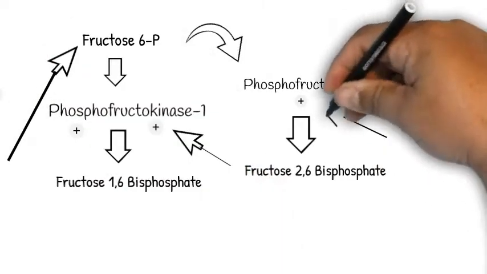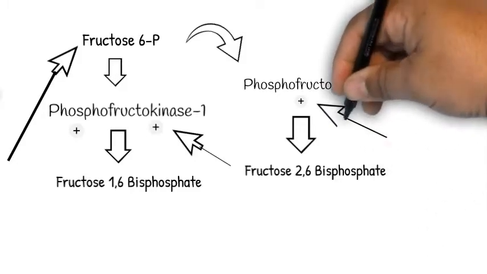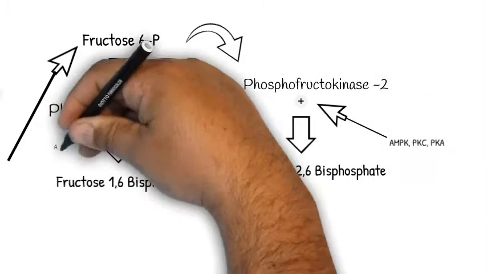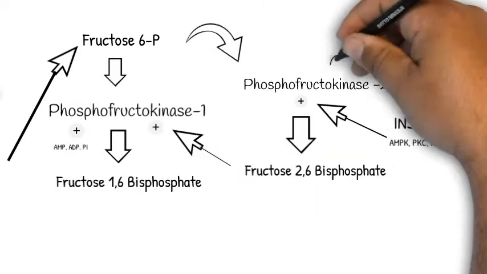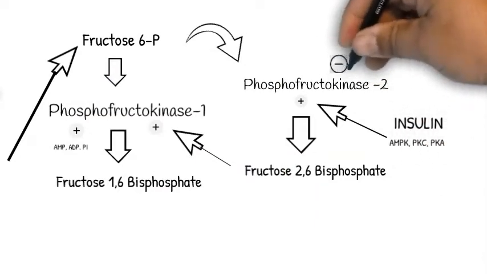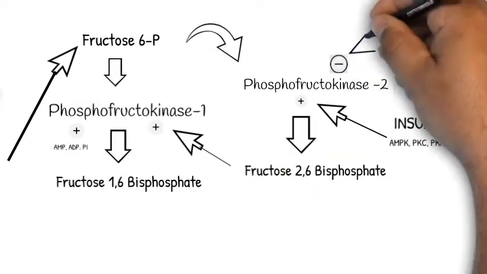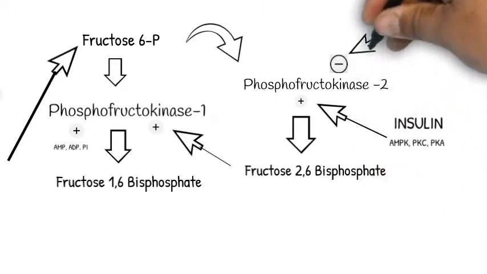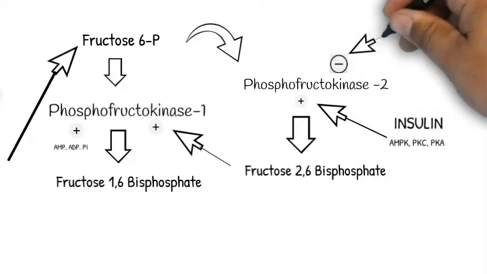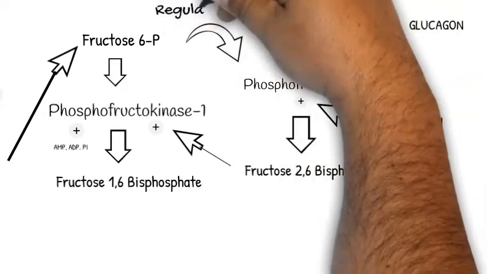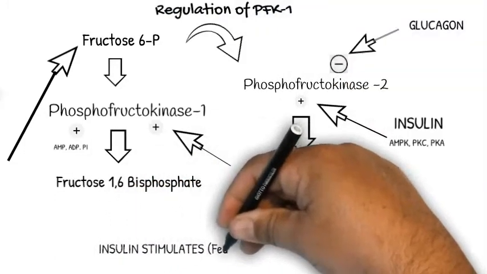And if we take a look at the regulation of this enzyme, insulin, for example, will activate PFK2, resulting in increased formation of fructose 2,6-bisphosphate, which in turn will activate PFK1.